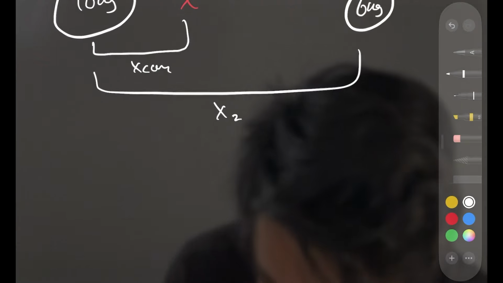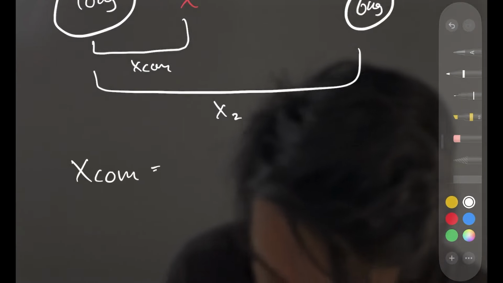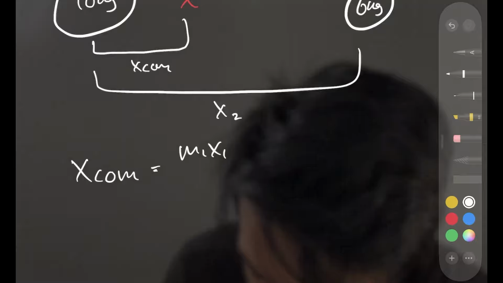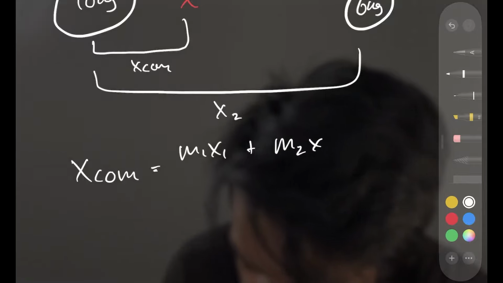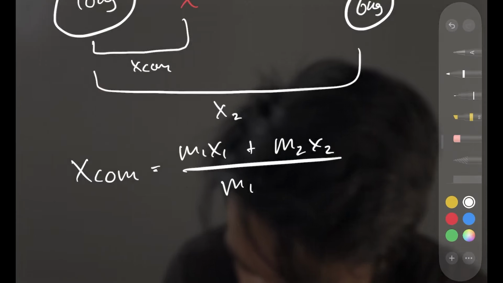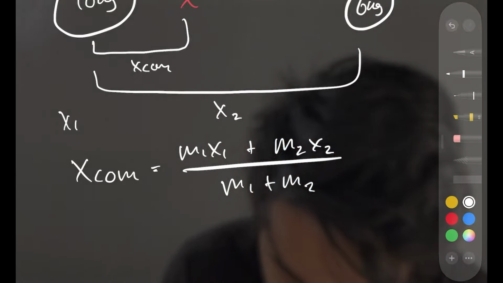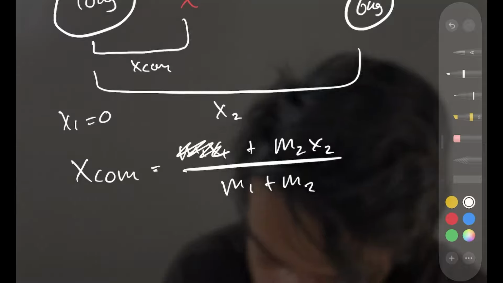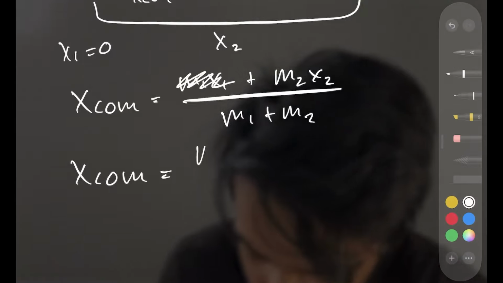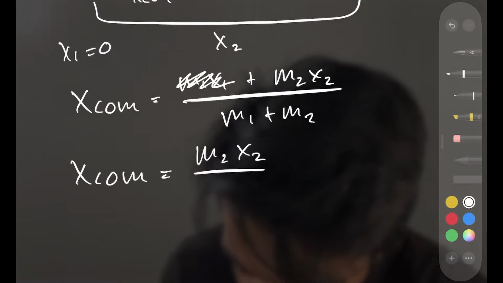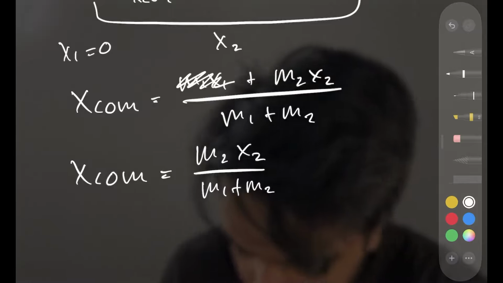So using our equation, x center of mass is equal to m1x1 plus m2x2 all over m1 plus m2. Again, because we used our tip, x1 is equal to 0, and so this term cancels out. That means our equation is m2x2 all over m1 plus m2.